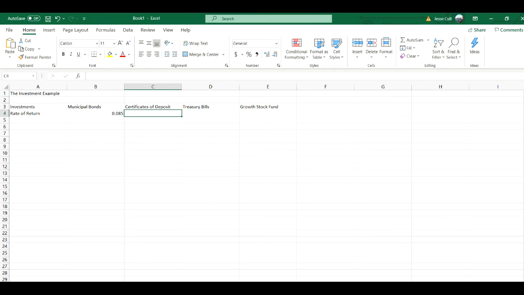So we do that, again, by knowing that 20% of 70,000 is 14,000. Maximum municipal bonds is 20%.